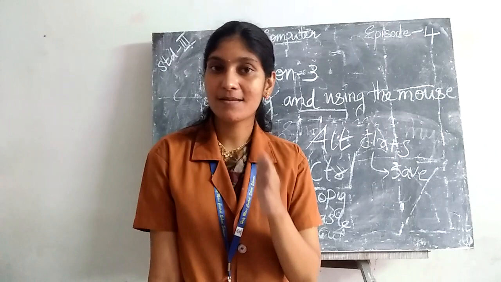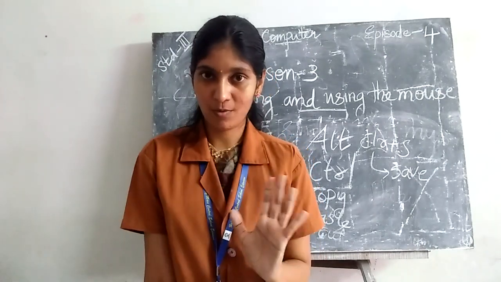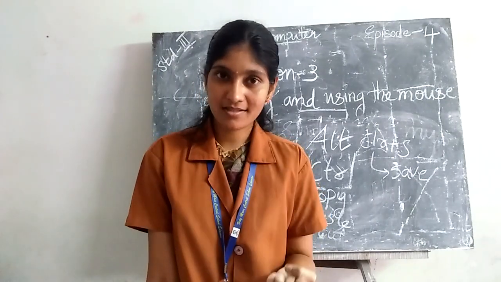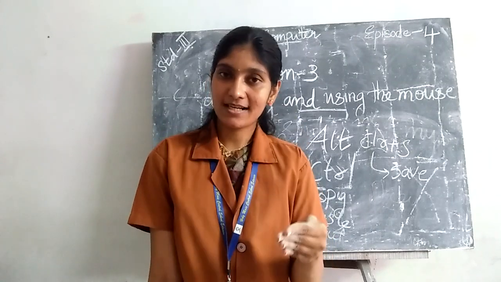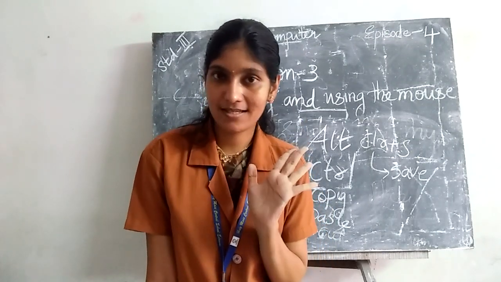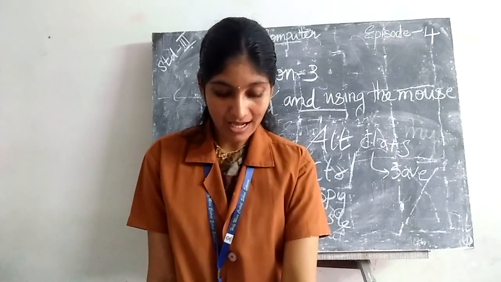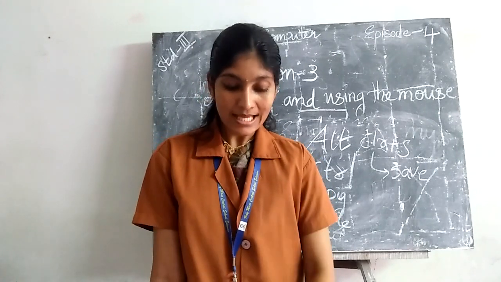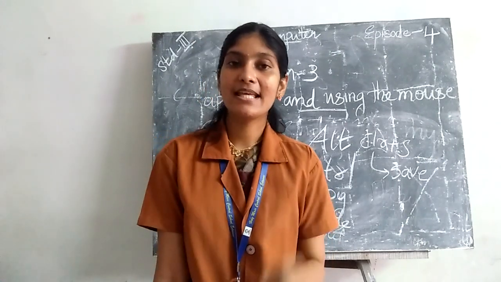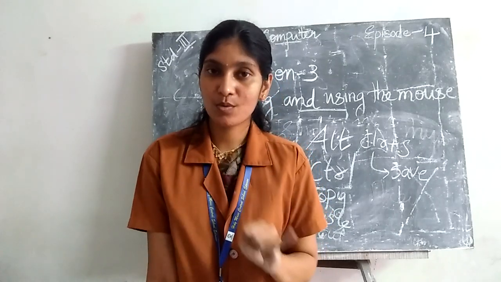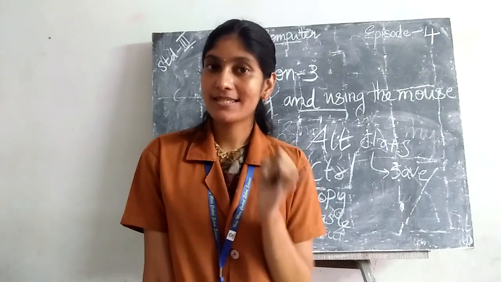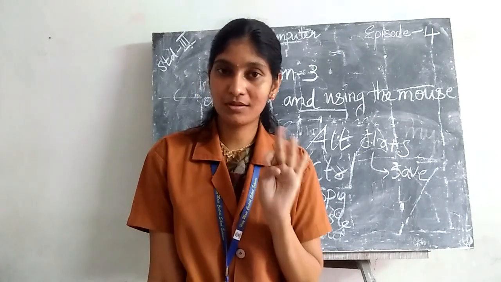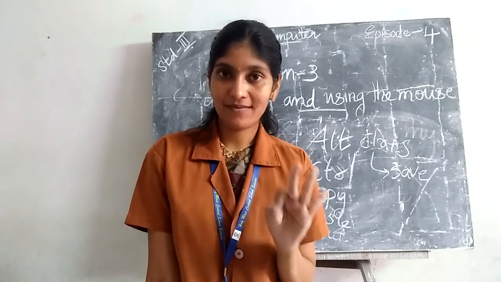There are also some signs on the keyboard like the star sign, dollar symbol, rupee symbol, exclamatory mark, etc. That is the alphabet keys. And numeric keys. Numeric keys are the numbers from 0 to 9: 0, 1, 2, 3, 4, 5, 6, 7, 8, 9.